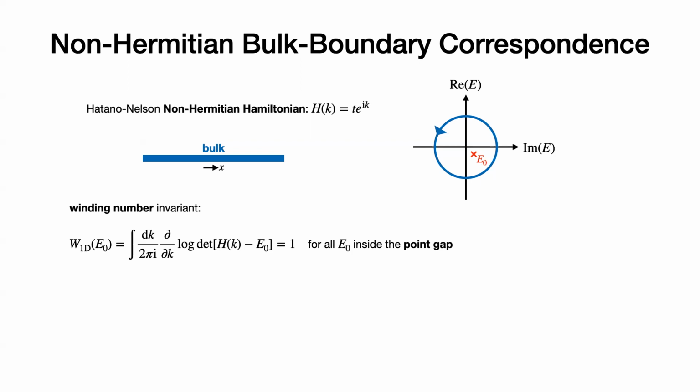What if you have a gap? If you have a gap, then nothing's going to change unless you close the gap. So you end up with a line gap. That's why it's so hard to get point gap phases. You have to start with a critical Hermitian system. Normally these are fine-tuned. But in this talk, I'm going to use edge states, which are critical and not fine-tuned. So we get around this problem.